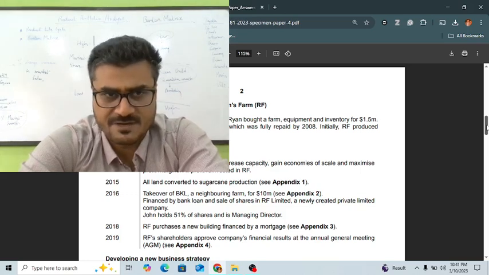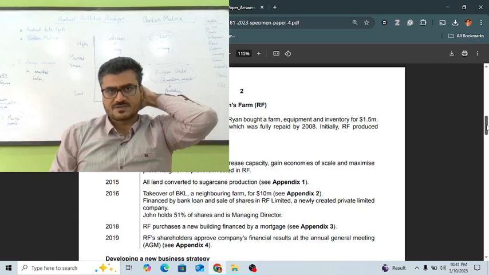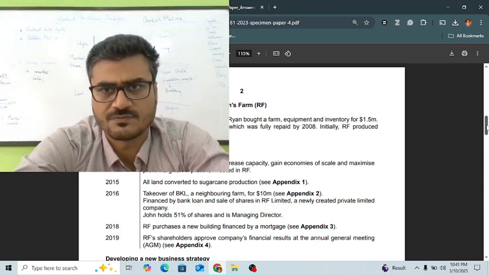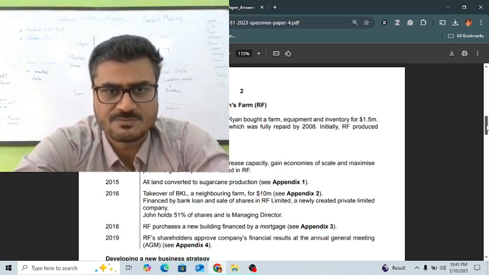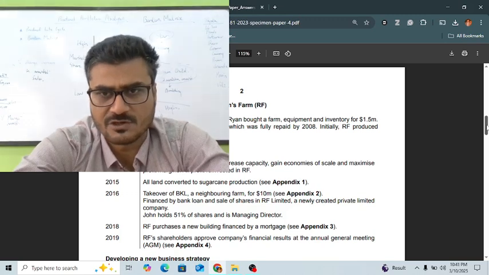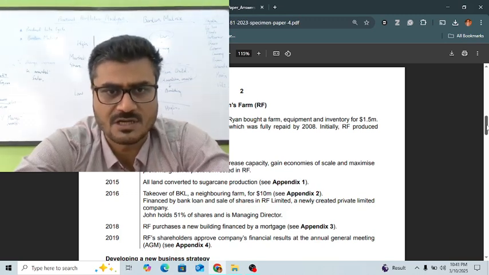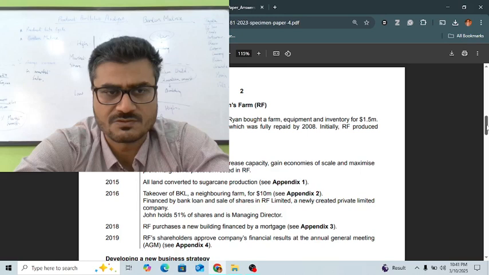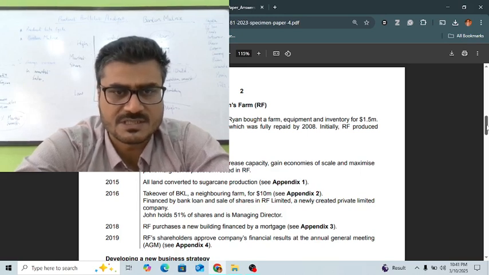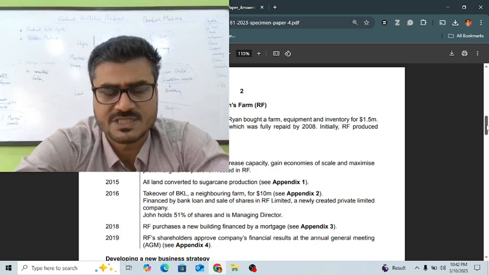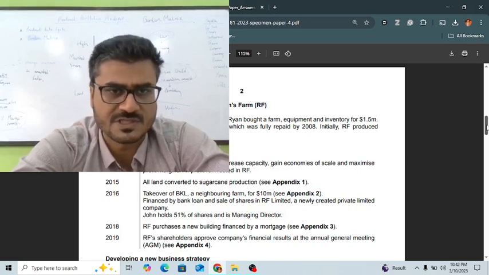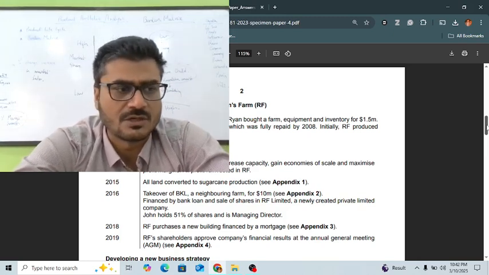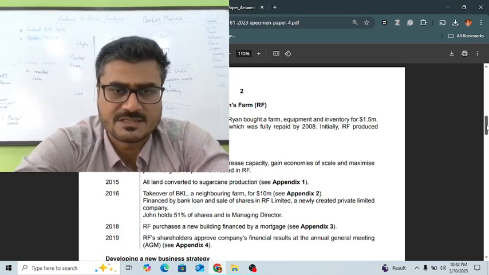Next, we are provided with the timeline of RF strategy. What happened during 2008 and 2014? Several purchases of land to increase capacity, gain economies of scale, and maximize profit margin. All profit reinvested in RF. It is a growth strategy that is discussed by the examiner. We know that there are two types of growth: organic or internal growth, and external growth.